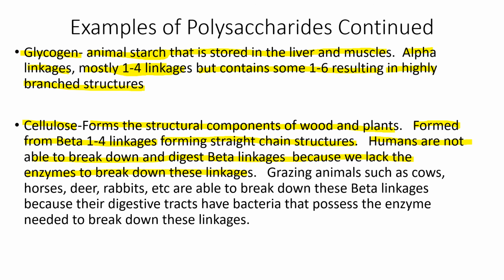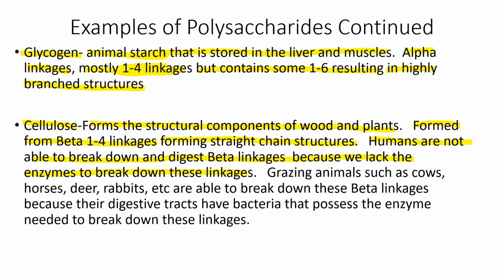If you just tried to eat plant stems or bark from a tree, you're not able to extract the energy that's stored in there because that's in beta linkages. Your body couldn't break it down. If your body can't break it down, it can't use that later as an energy source.